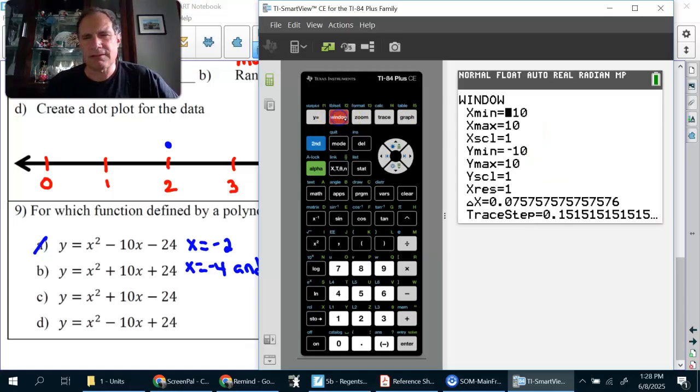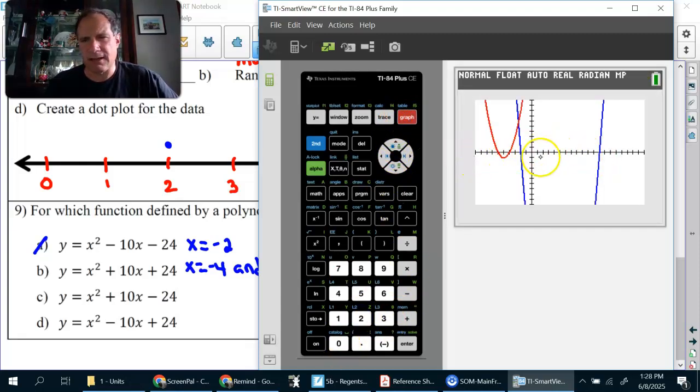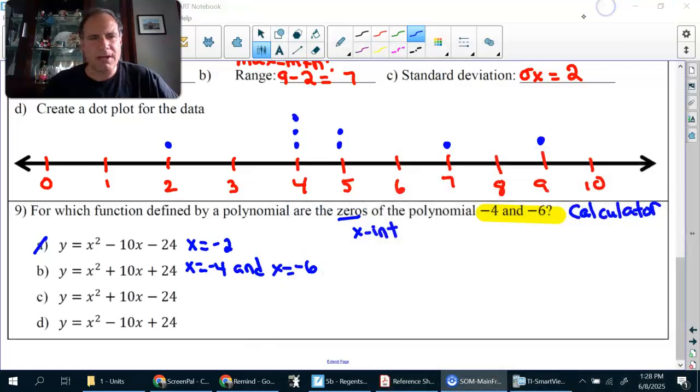So I could press window and go to x max and just make it 20. Now you could see the blue where it comes back up, and this is 12. If that's 12, obviously that is not what they're looking for. It's -4 and -6.